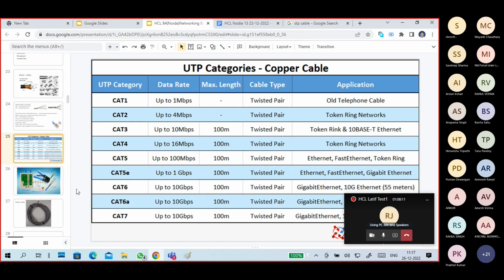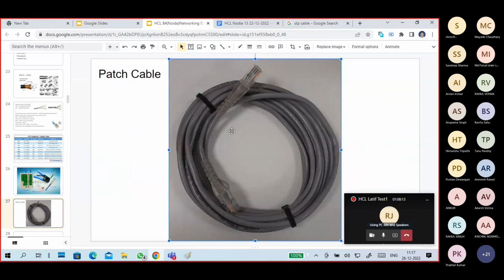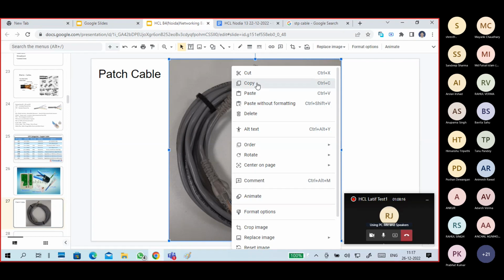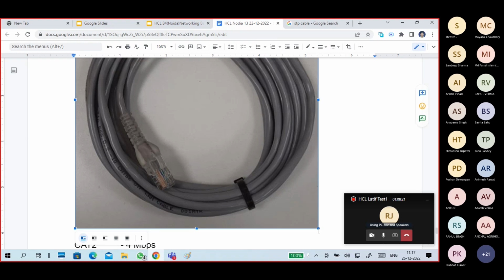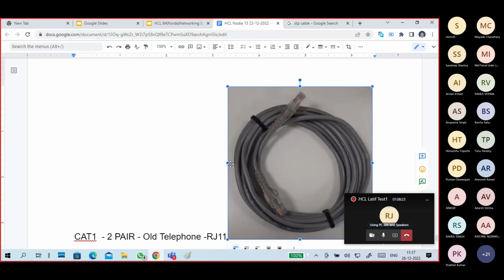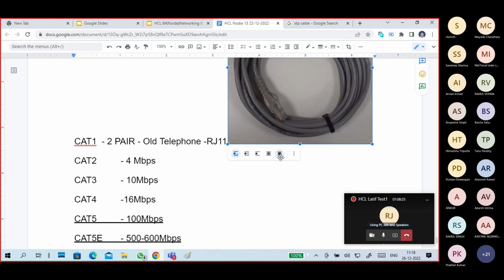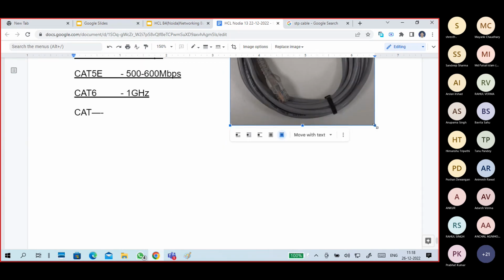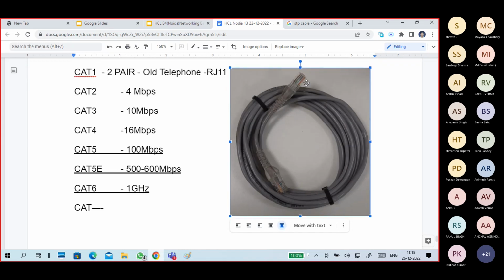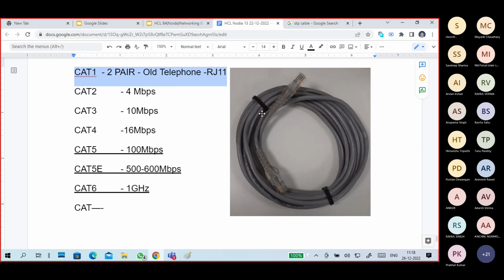So guys, these are the different types of twisted pair. This is called a patch cable. Cat 5, Cat 6, whatever, it is called a patch cable. You can see both ends have RJ45 connectors. This one is especially RJ11, but the remaining are RJ45 connectors only.